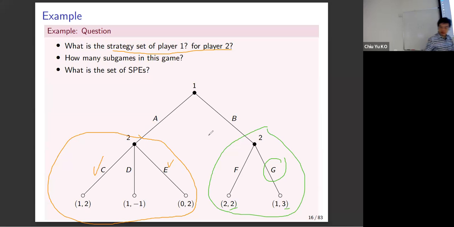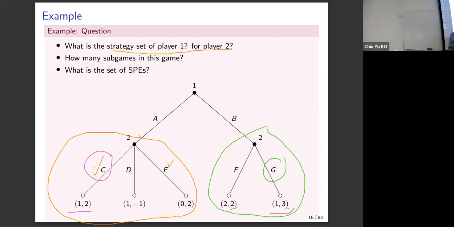You focus on the case of C first. Player 1 is looking at 1, 2 or 1, 3, and in both cases player 1 is getting 1 anyway. So it doesn't really matter. That means this is one equilibrium for choosing A, and choosing B is another equilibrium. So 2 equilibria already.